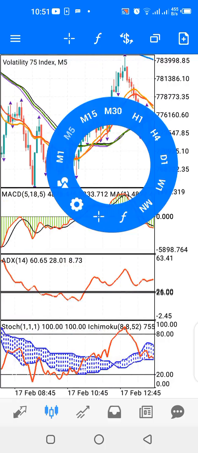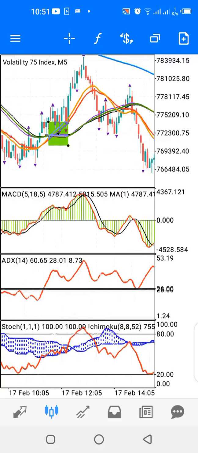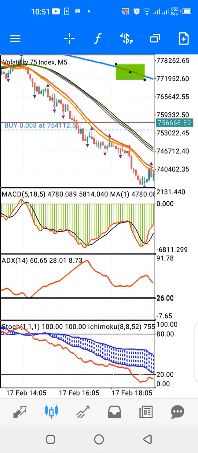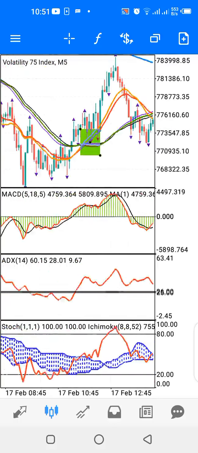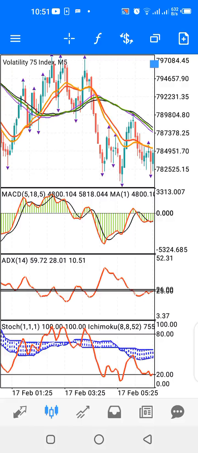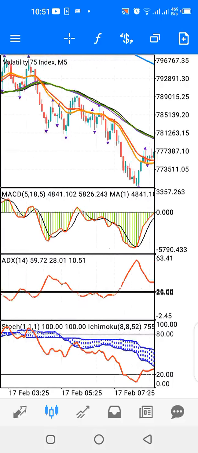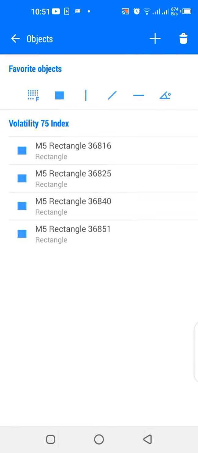This is a buy signal in a bearish trend, but it didn't last and the trend continues. This is another buy signal in a bearish trend. The buy signal did not last, but the trend continues as soon as we have the sell signal.